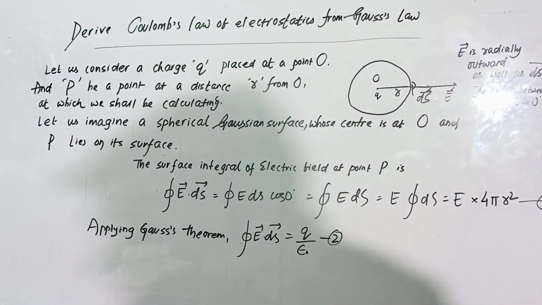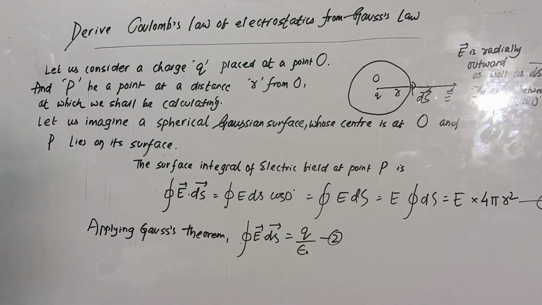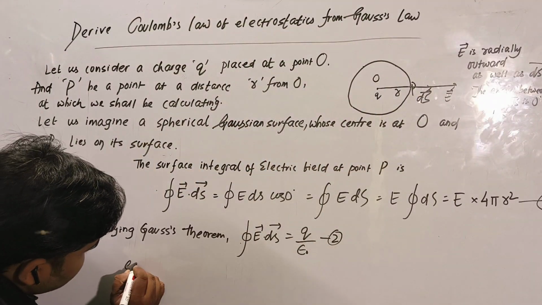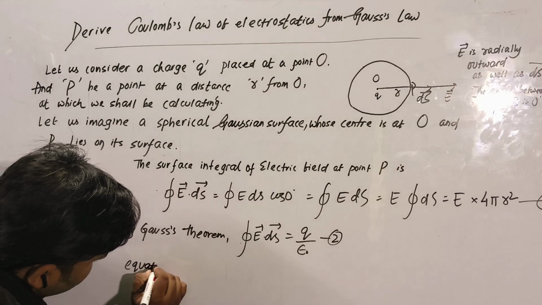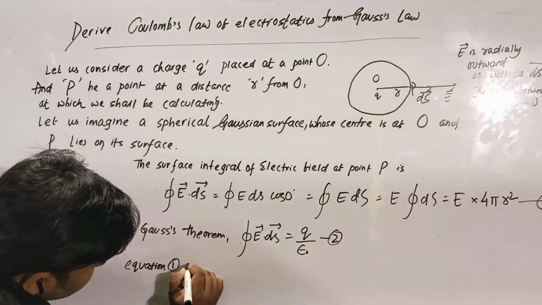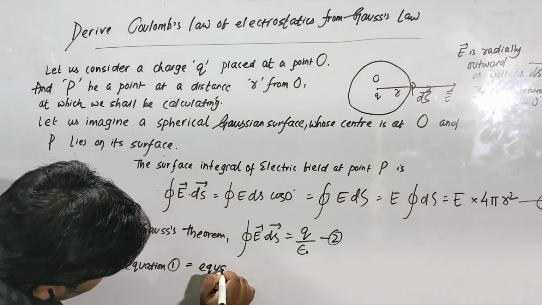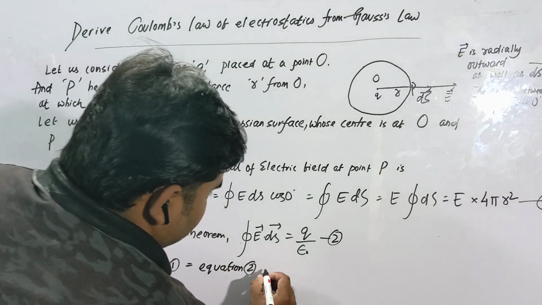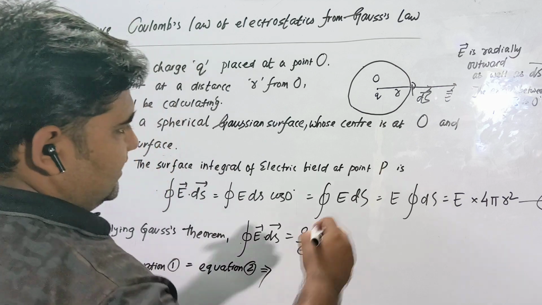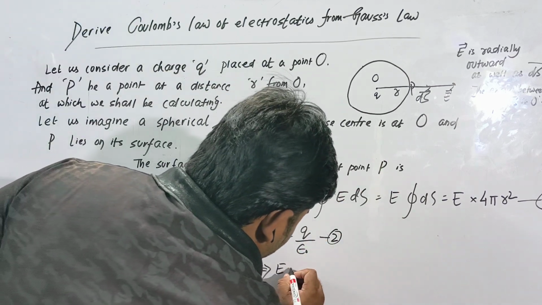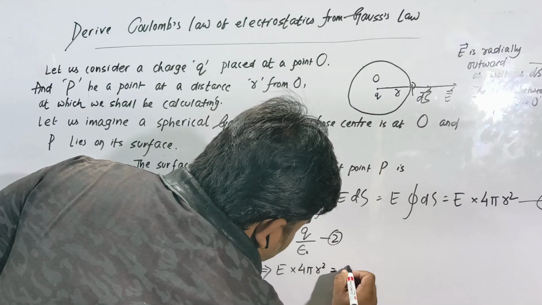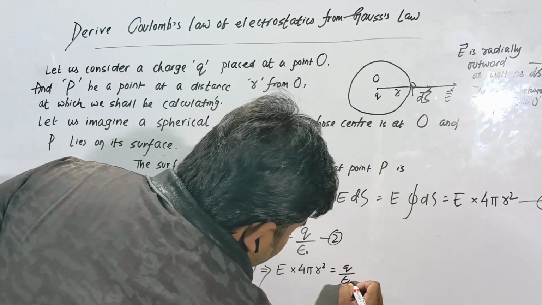So let me check the height. Okay, it is quite visible. So equation 1 is equal to equation 2. Due to this, we can write E into 4 pi r squared is equal to q by epsilon naught.